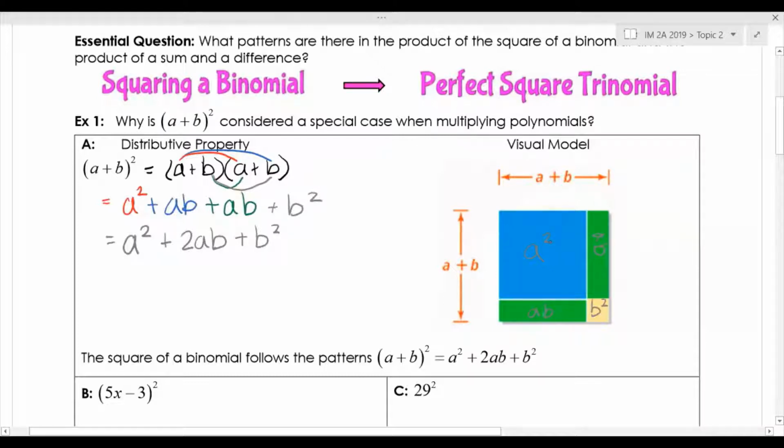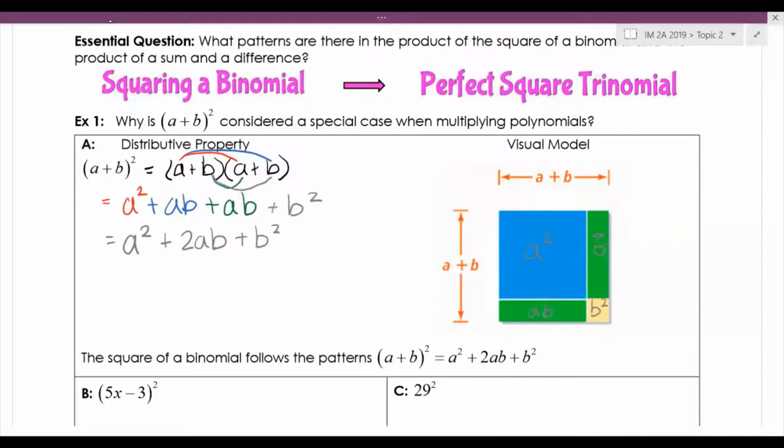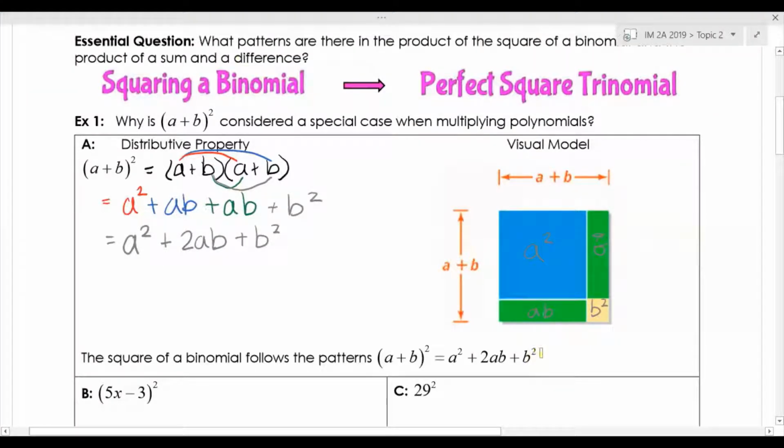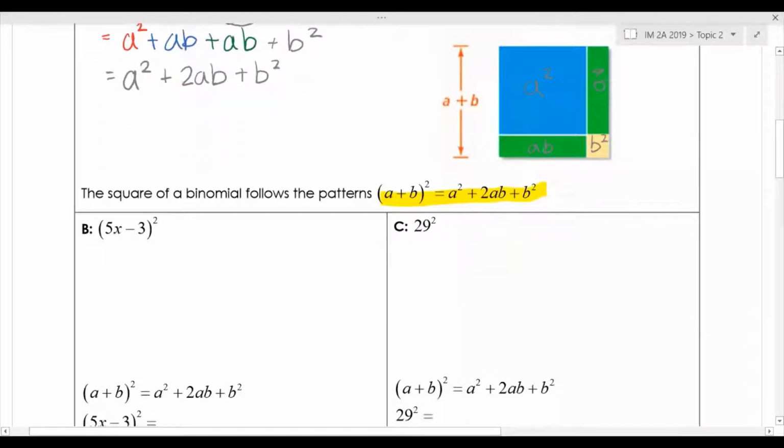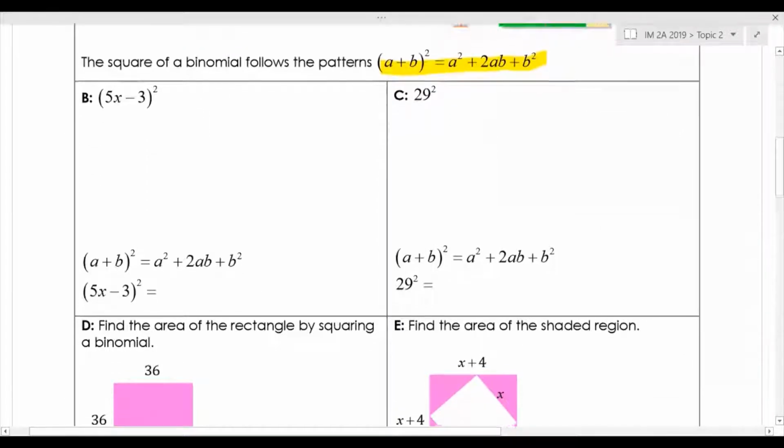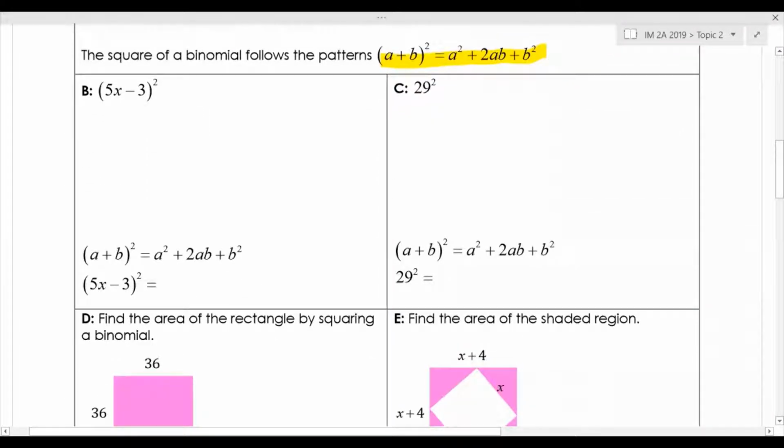And so this pattern of a binomial squared is always equal to the square of the first number plus double the product of the two numbers plus the square of the second number. And so we're going to use this pattern rather than multiplying out to look at some expansions. So we're going to use a plus b squared equals a squared plus 2ab plus b squared.